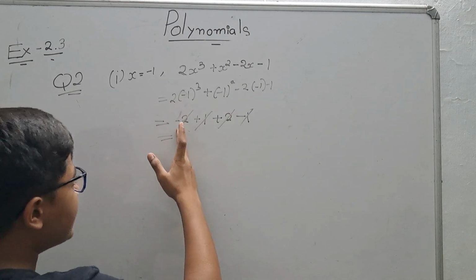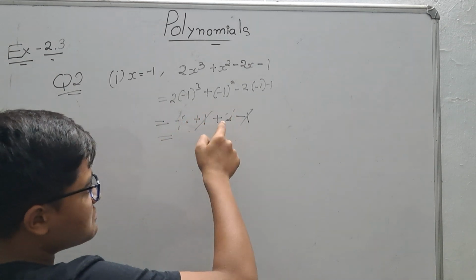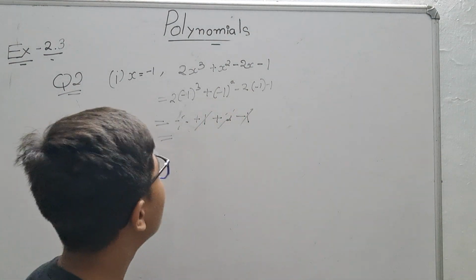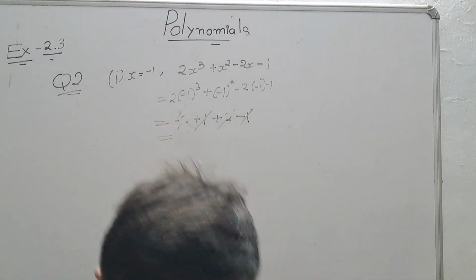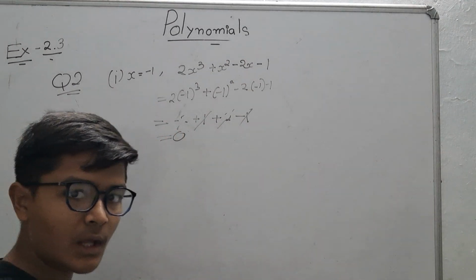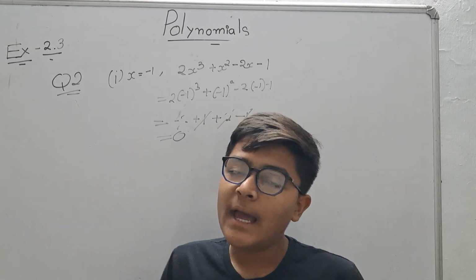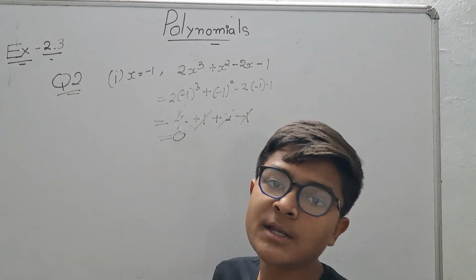So -2 plus 1 plus 2 minus 1. This will cut, this will cut. Minus 1 plus 1 will cut. So the answer will be 0. I am giving the remaining 2 sums as homework.